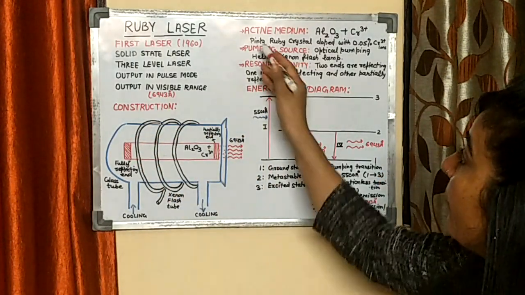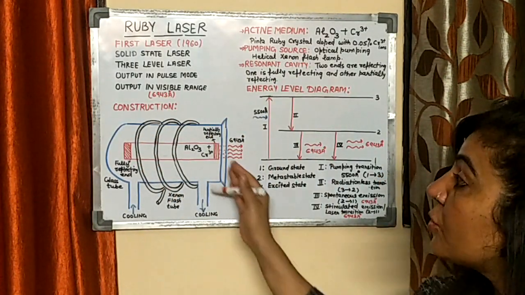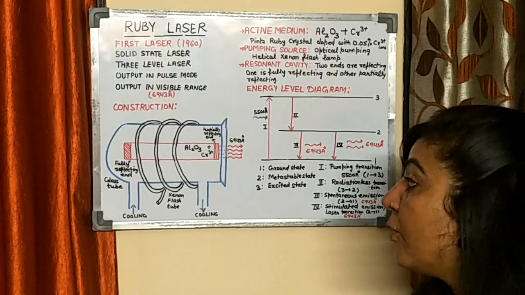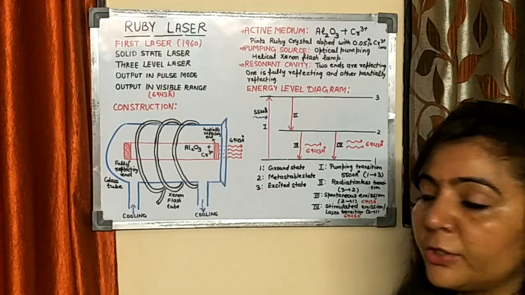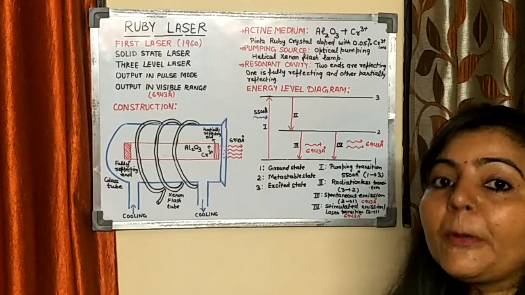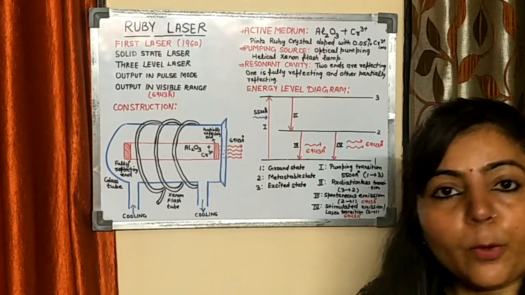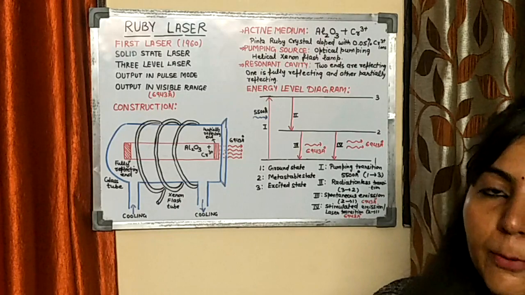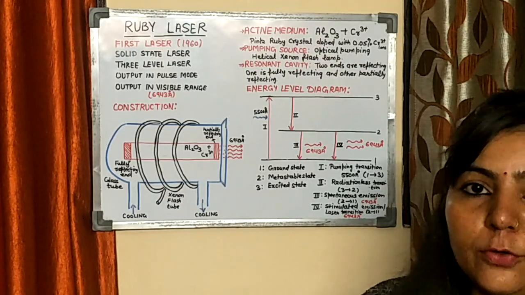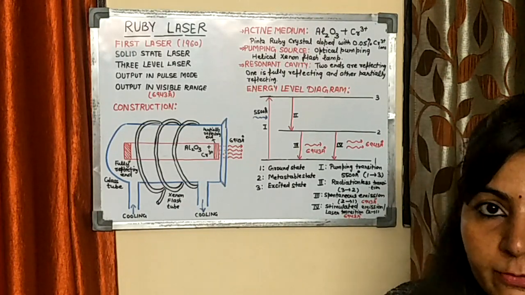The second one is the pumping source. In this solid state laser, in order to get population inversion, we are using optical pumping. It means by providing energy in the form of light photons, we will achieve population inversion here.